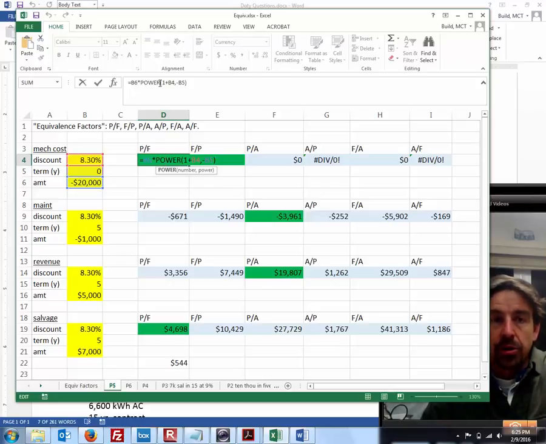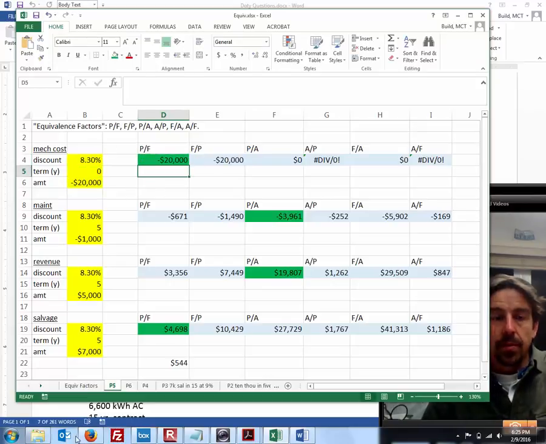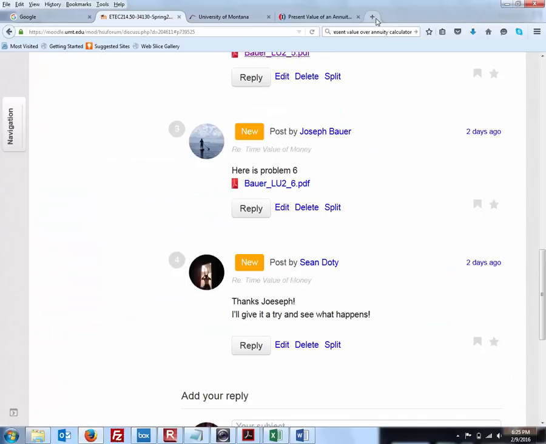And the power function is just 1 plus B4, the percentage. So in this case it's 1.08. And then we're taking it to the negative B5 power. And then I can show you those guys again.